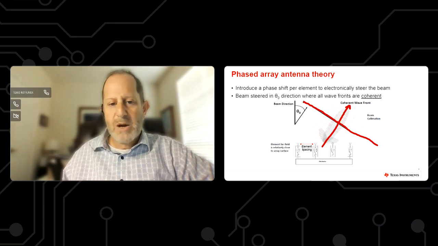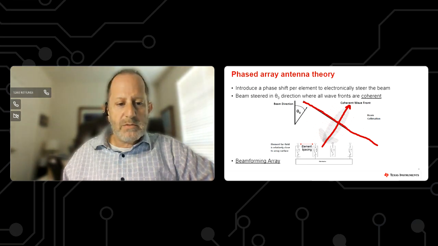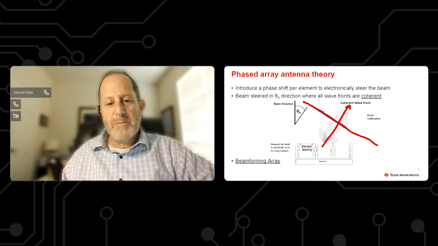This is a very powerful tool in our phased array systems so that we can really fine-tune what we want. We'll call this a beam-forming array now. The ability to move that beam around has introduced another level of complexity and another level of functionality to these systems.